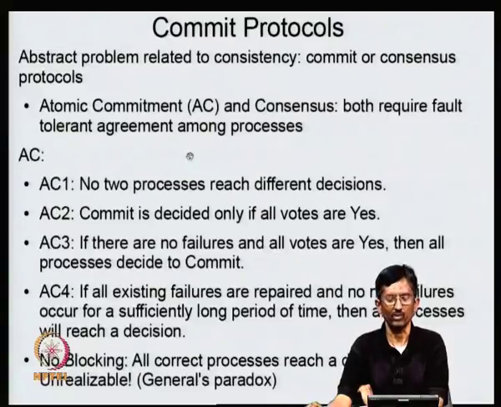Okay, you can construct all those things. So you can see that there are various assumptions made, for example, no new failures occur for a sufficiently long period of time. This looks similar to the eventual consistency model we talked about.